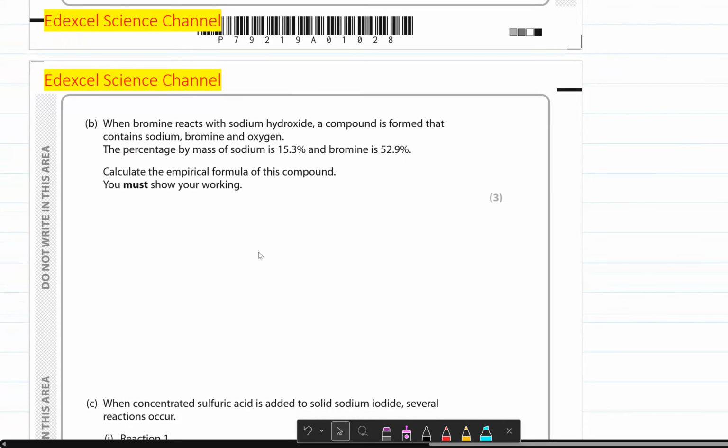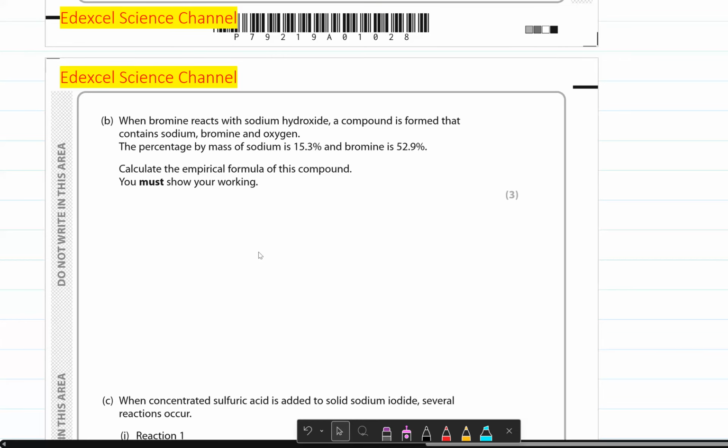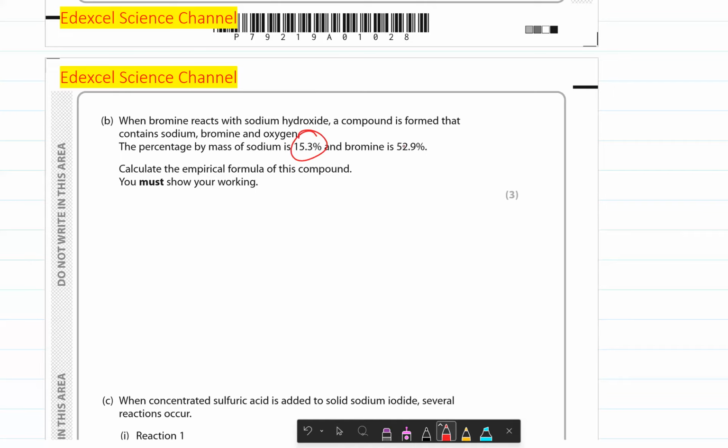Moving on, number B. When bromine reacts with sodium hydroxide, a compound is formed that contains sodium, bromine, and oxygen. The percentage by mass of sodium is 15.3% and bromine is 52.9%. Calculate the empirical formula of this compound. So let's make 3 different columns. So sodium, bromine, and oxygen, right?